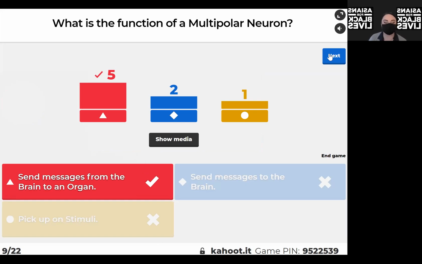Send messages from the brain to an organ. So once the brain has made a decision of what needs to happen in response to the stimuli, it sends messages out through multipolar neurons to eventually make organs do something.